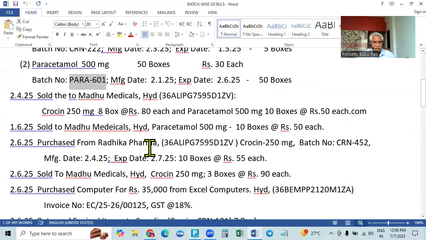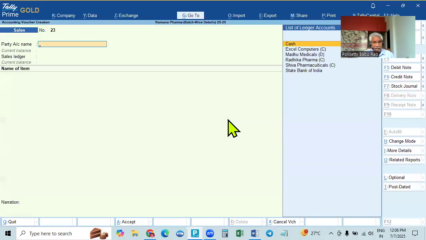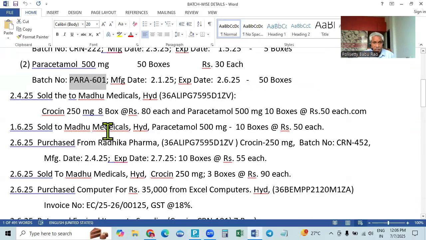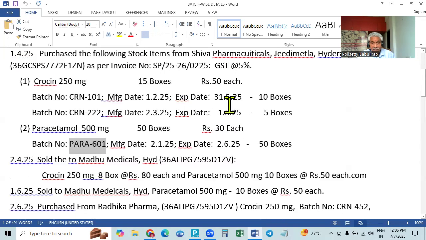And then this is sold. Then on 1st June, again we sold to Madhu Medicals, only paracetamol. See here, out of this, 7 are there, and the 7 expired on 31st May.